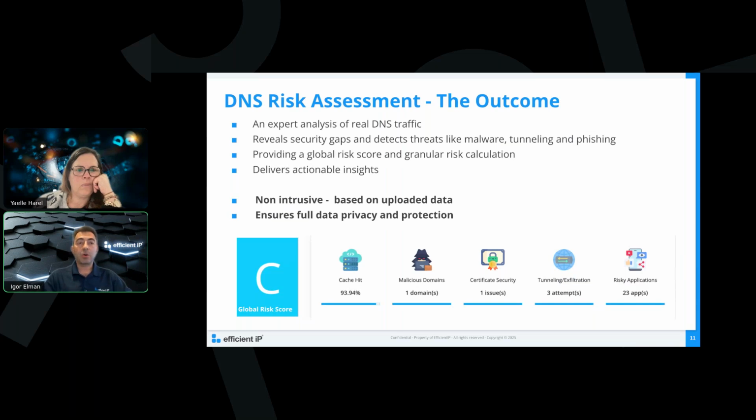You will see our own analysis across different categories. We will provide our own risk scores based on our findings. Again, very important to highlight, this is totally non-intrusive. This is done all offline based on the data set that was provided, and we ensure full data privacy and full data protection when we look at that data set.